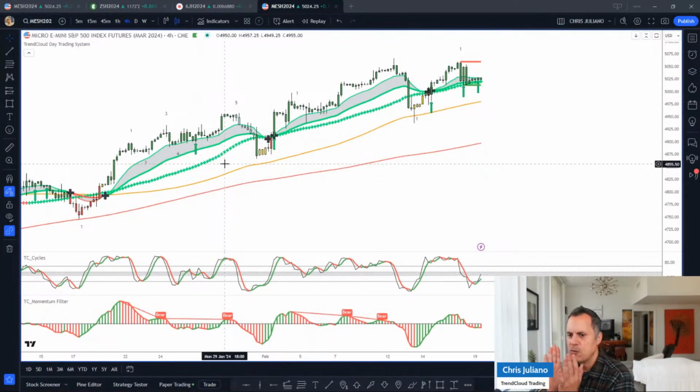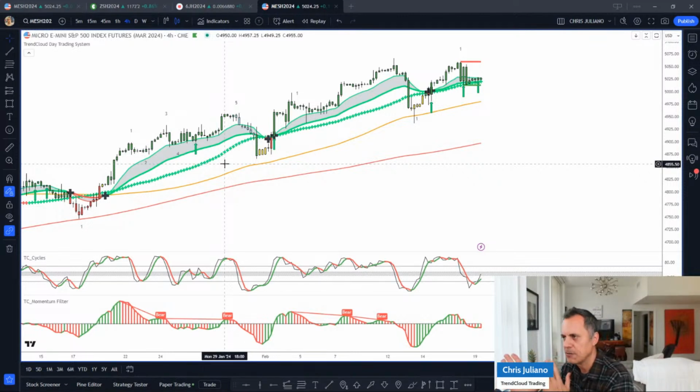So you have to constantly know where you are on the map and have these reference points. Having reference points using these moving averages is an excellent way to continue to follow the trend. And that's what we do, right? We're trend followers.